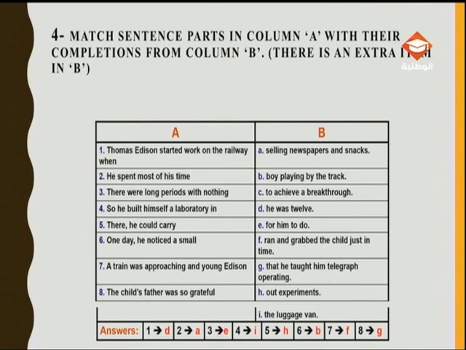A train was approaching, and young Edison... what do I need for this? I need a verb. And young Edison ran and grabbed the child just in time. It means that he saved the child. The child's father was so grateful.